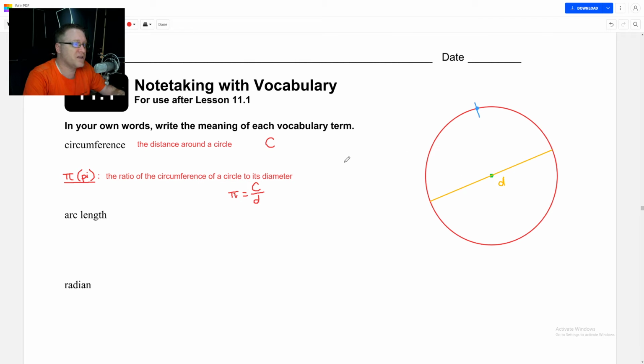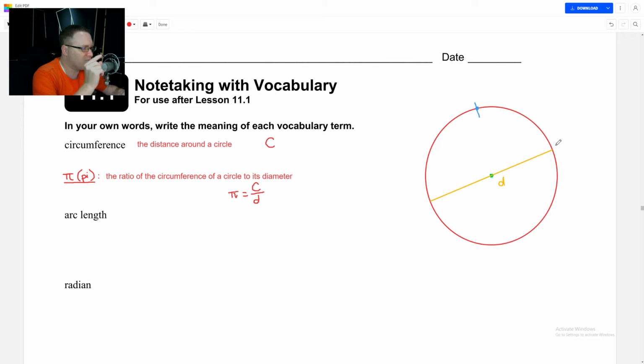Pi is always this. Mathematicians thousands of years ago were researching and studying this, and they found out that the circumference of a circle divided by the diameter is always the same number. It is always a special number, and they gave it a name.